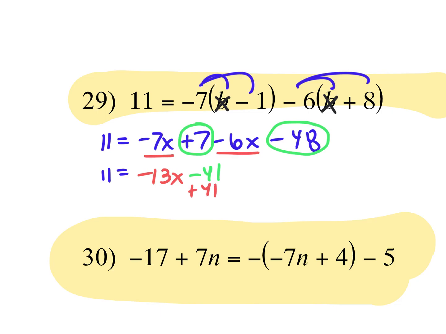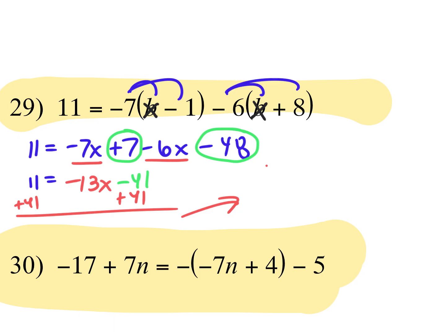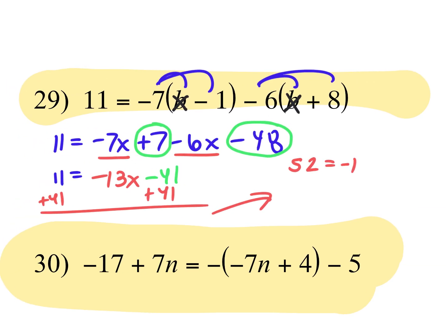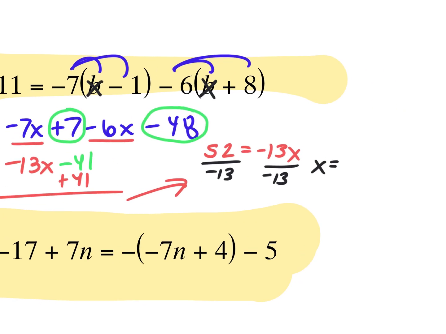I'm going to move it to the other side. I'm going to come over here so I'm running out of room. So I have 52 equals negative 13x. And then I do what? Divide by negative 13. So x equals 52 over 13, which simplifies to 4. What kind of 4? Negative 4.